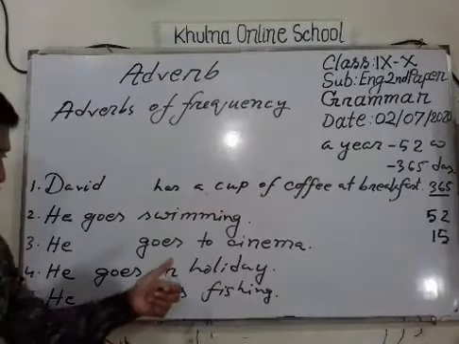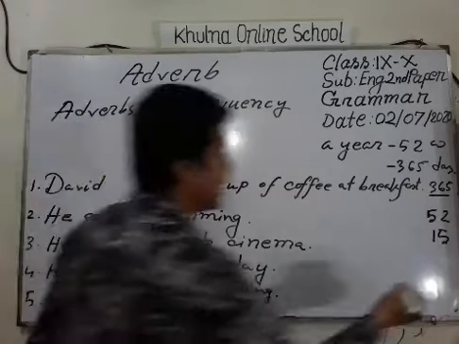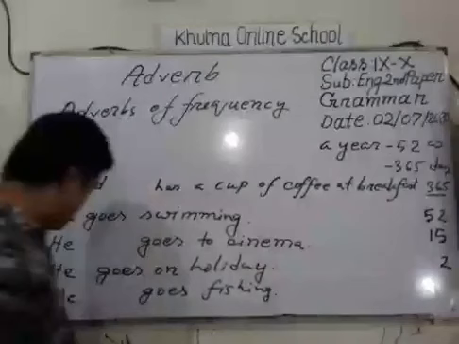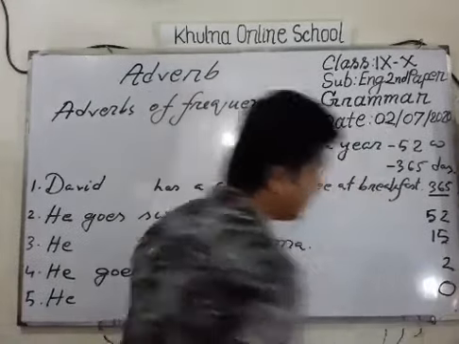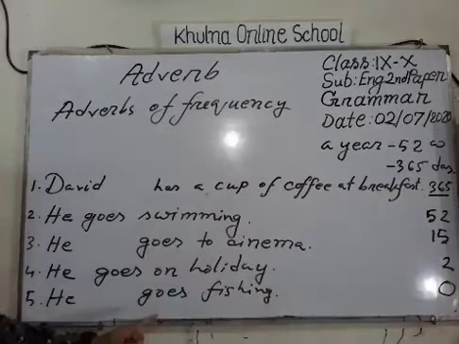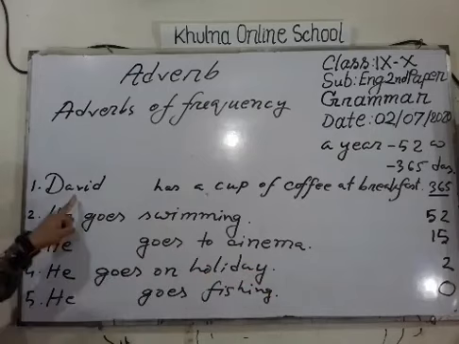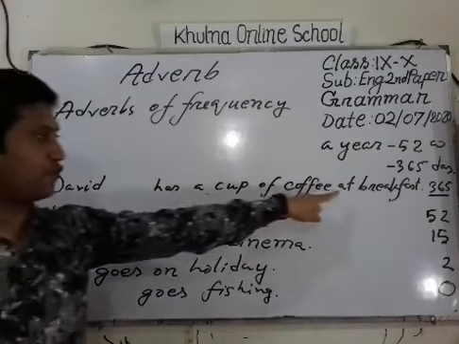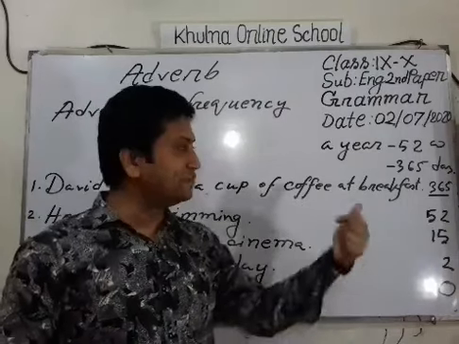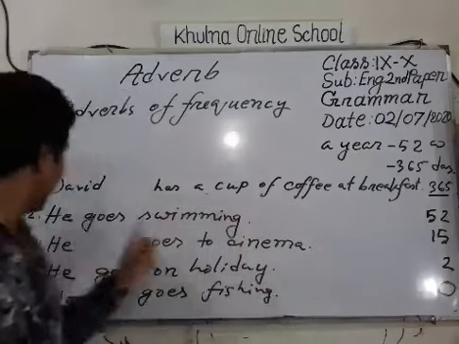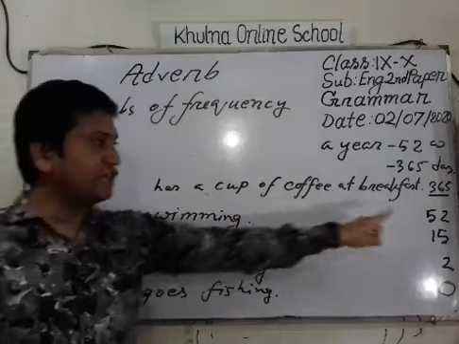He goes on holiday 2 times, but he goes fishing 0 times. Not any time. David has a cup of coffee at breakfast 365 days. That means the whole year.